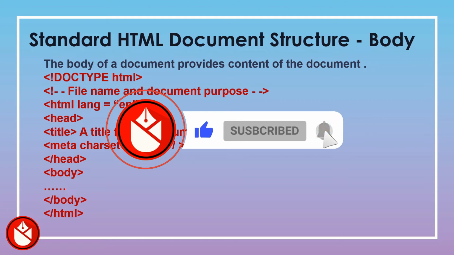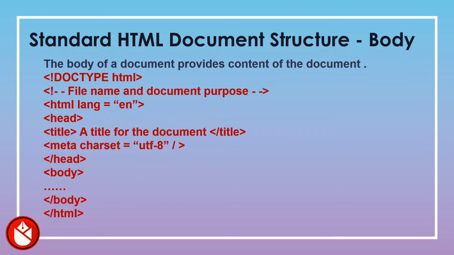And here we have a standard HTML document structure, the body. As described previously, the first line should be the doctype HTML, then the file name and document purpose, that means the comment line. Then the language of the document is specified using html lang is equal to en, then the head, then the title, in between the head, and the meta charset has been given.